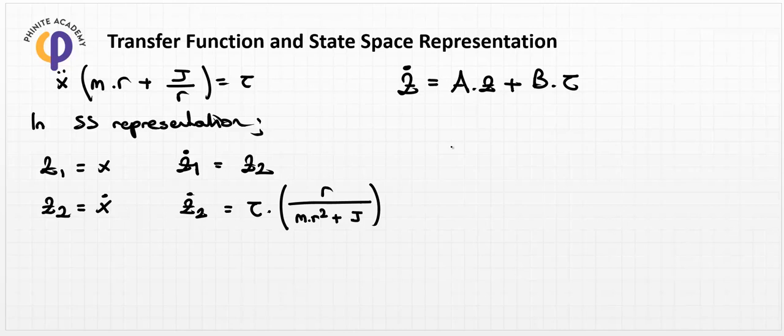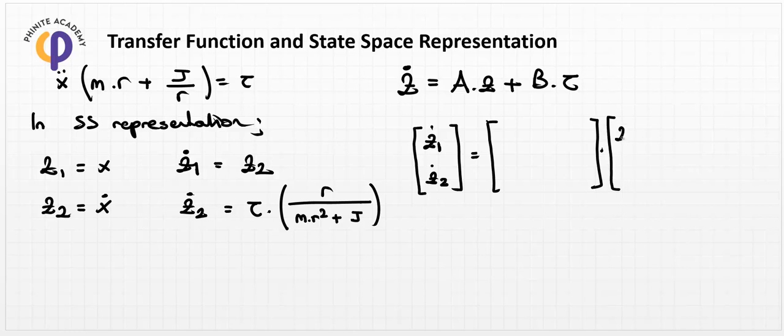If we write it down, the vector z1 dot, z2 dot is equal to some matrix times the z vector, z1 z2, plus some B vector times the torque value.